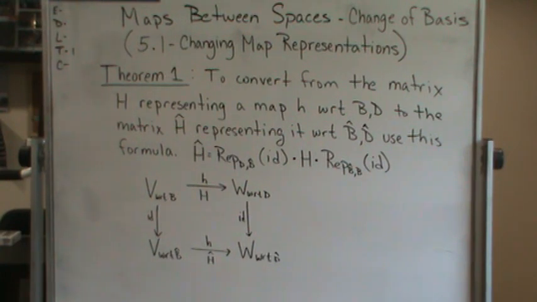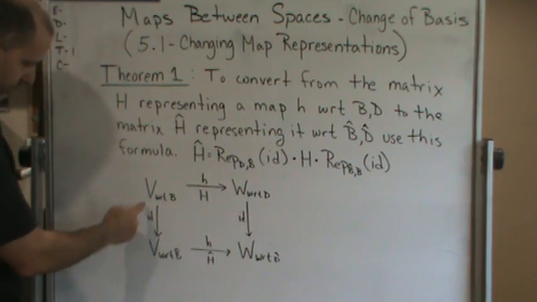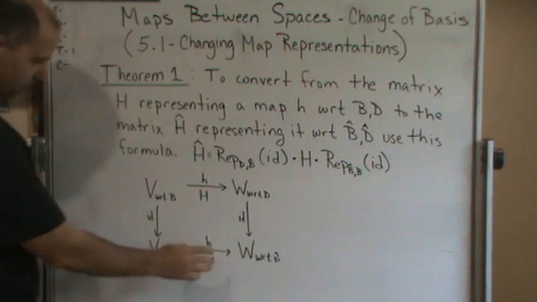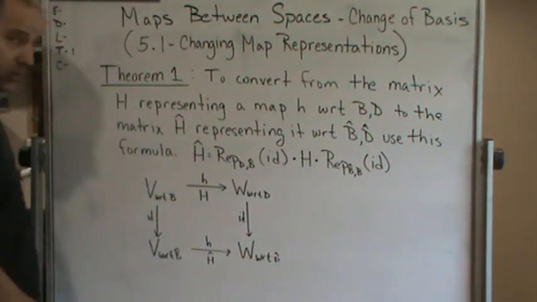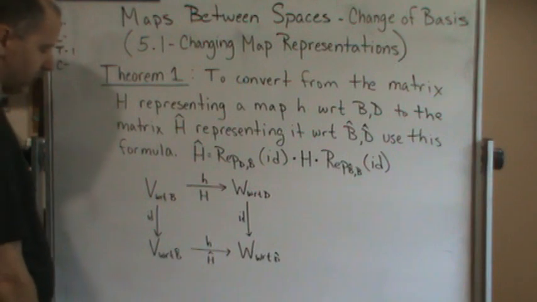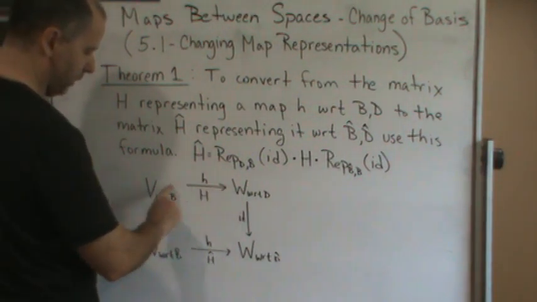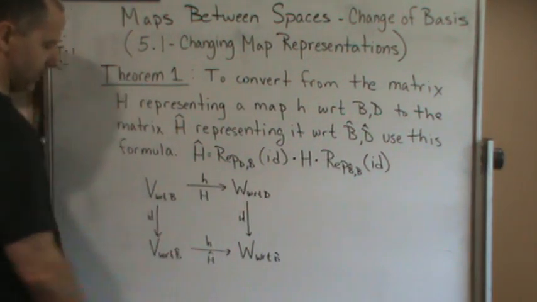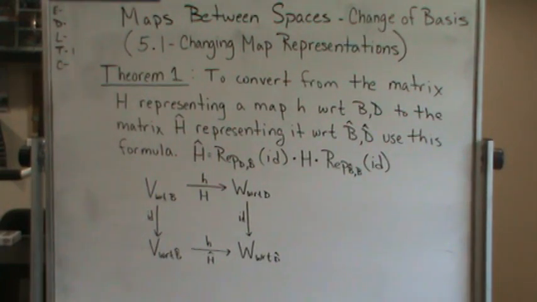Just like before, the vertical arrows are where the identity mapping is coming from, right? Just like when we started the last subsection. And then going from one space to the other has the horizontal arrows.